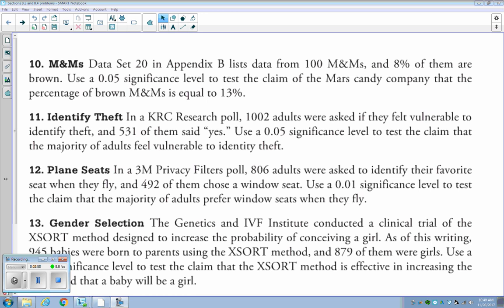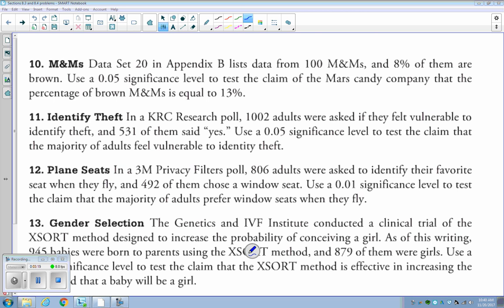So that it's a proportion, we then know we have to use what, the Z or the T? Z. Okay, good. Then we want to decide here what our claim is symbolically. Just the claim.